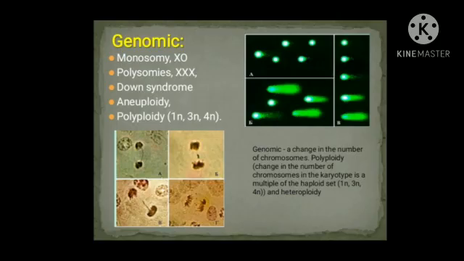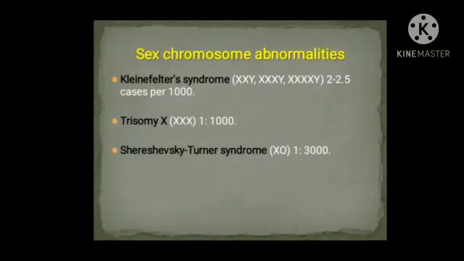Some examples of sex chromosomal abnormalities you can see in this slide. For example, Klinefelter syndrome, trisomy X, and Shereshevsky-Turner syndrome. Now we will speak about each of these syndromes.